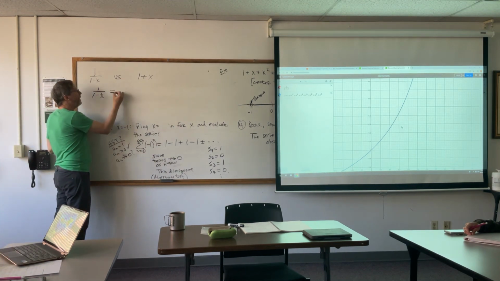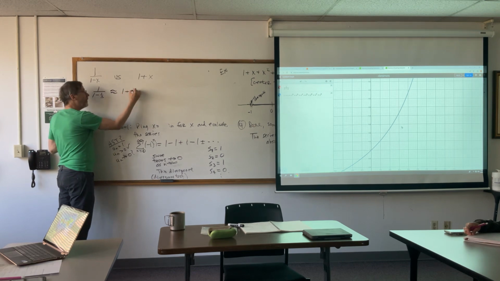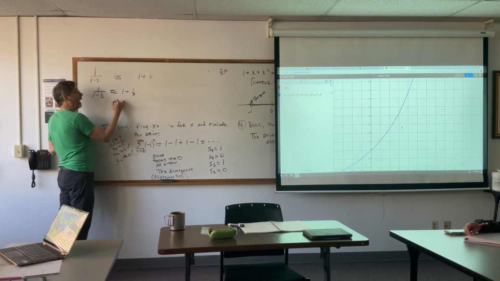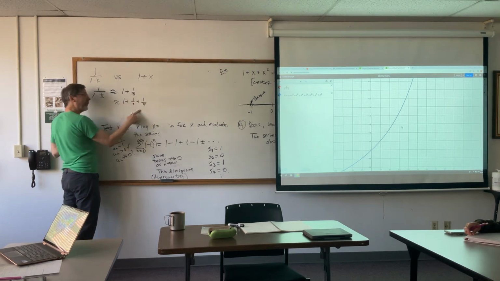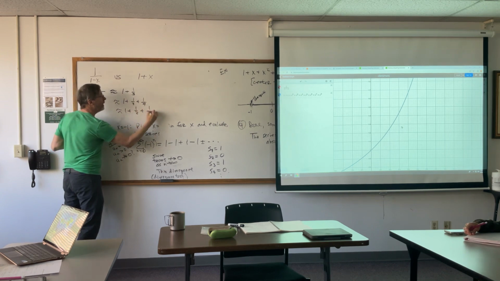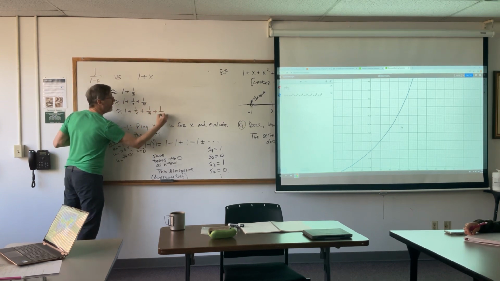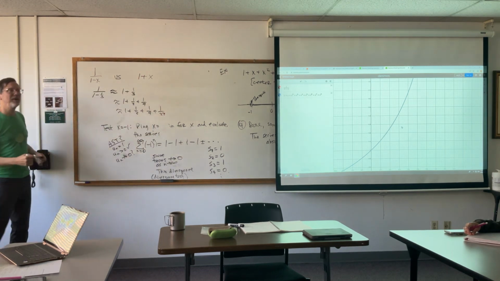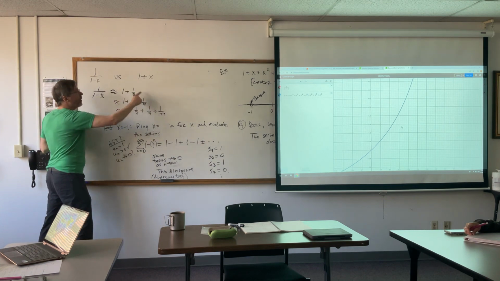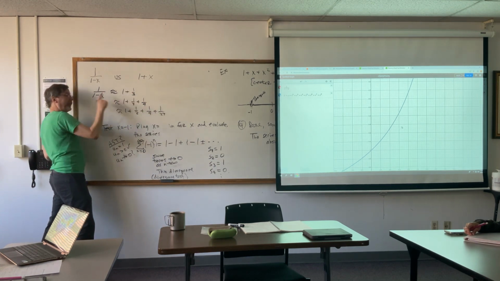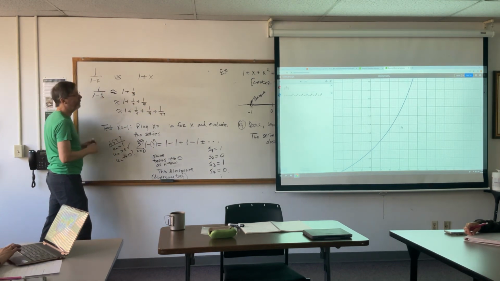But this is approximately 1 plus a third. And it's actually also approximately 1 plus a third plus a ninth. There's a better approximation. Here's a better approximation still. Wait, what's next? 27? Yeah. So the further out I get, the truer this becomes as a representation of this thing over here.